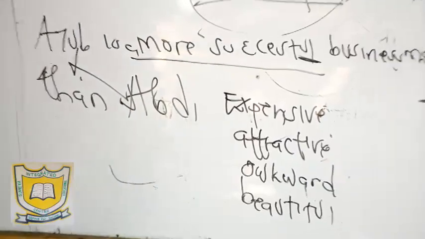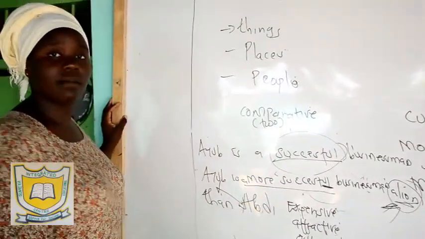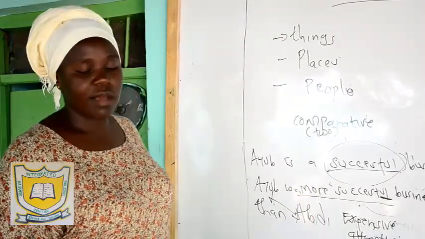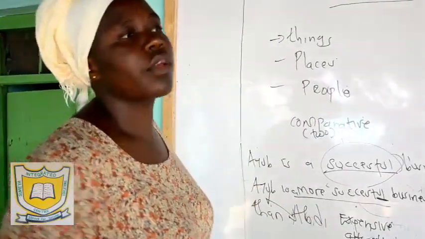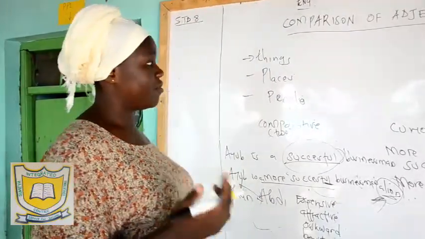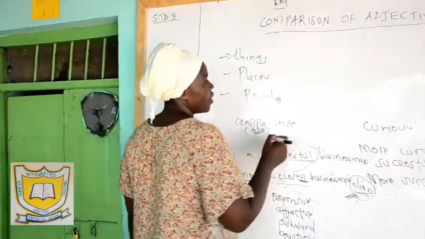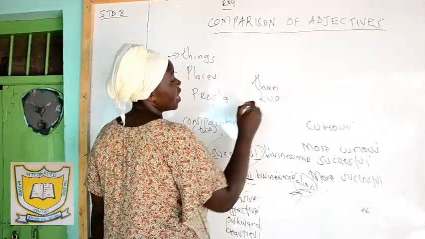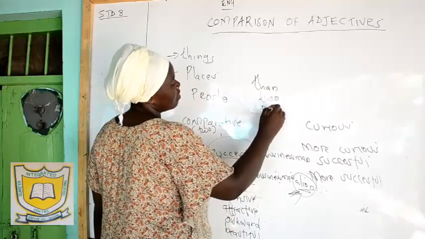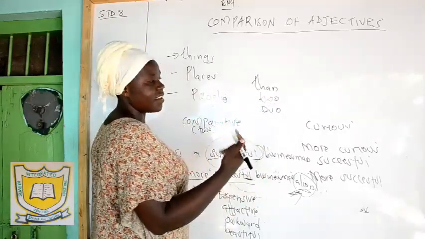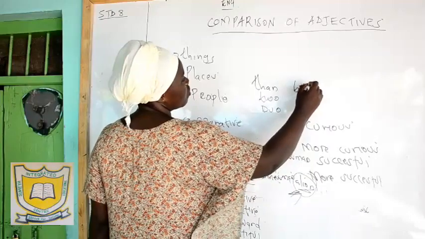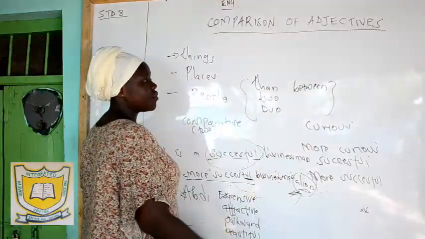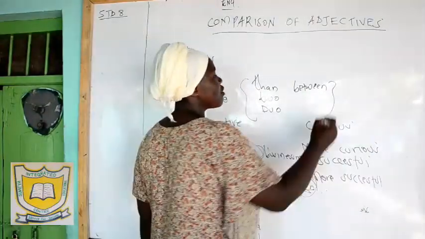And when do we use the comparative form of an adjective? When we are talking about two things, when we are comparing two things. So in case you are asked to answer questions number 1 to 15, and you come across, let's say, than, or to, and they are talking of comparison, or they say duo in that sentence, or they have used between in the sentence, then if you see than, to, duo, and between in a sentence, just make sure you go for the what?